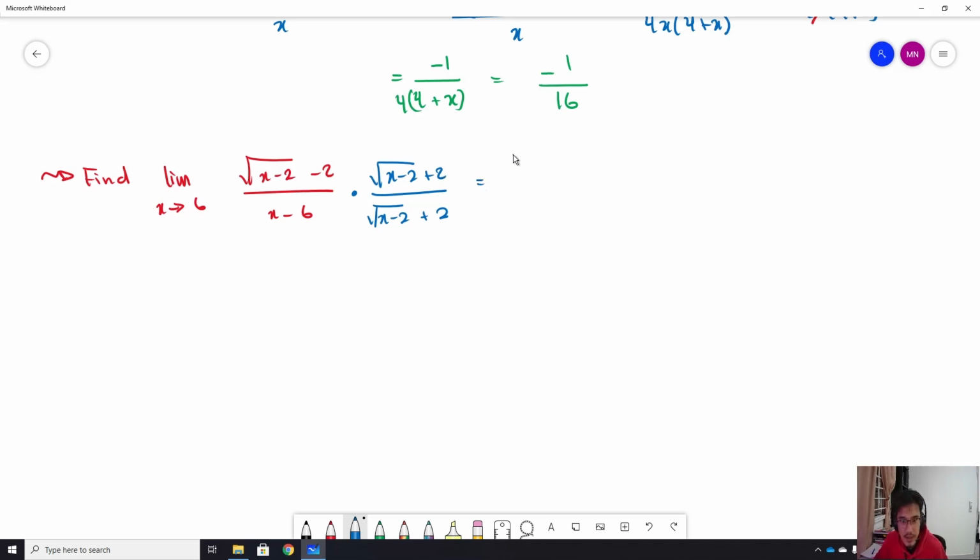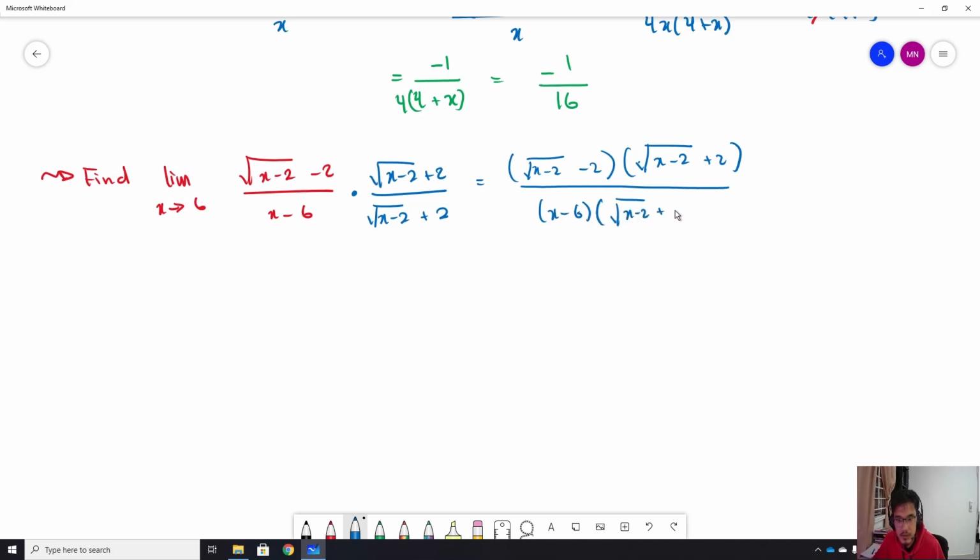So then we have square root x minus 2 minus 2 and square root x minus 2 plus 2 over x minus 6 square root x minus 2 plus 2.